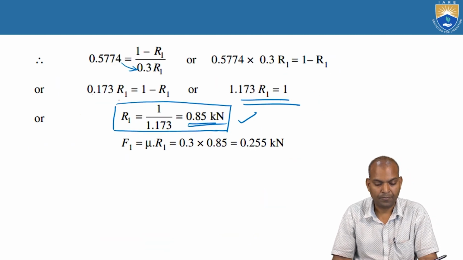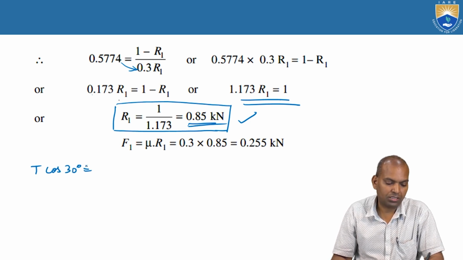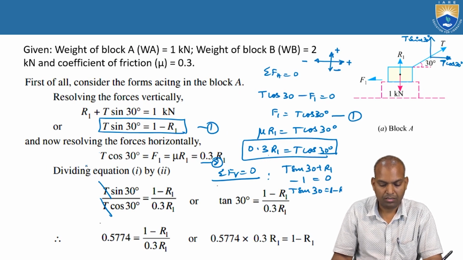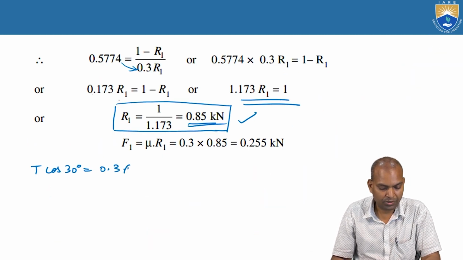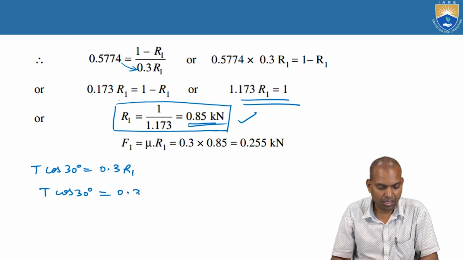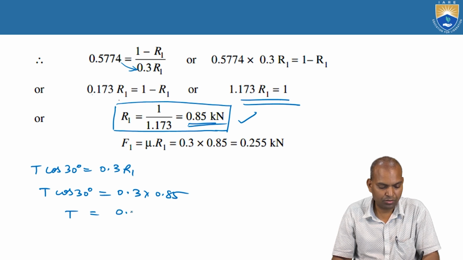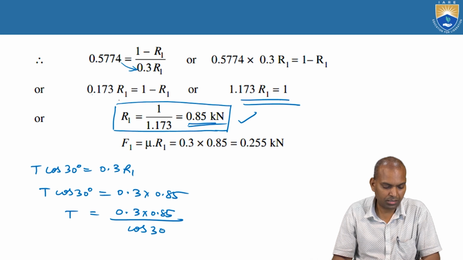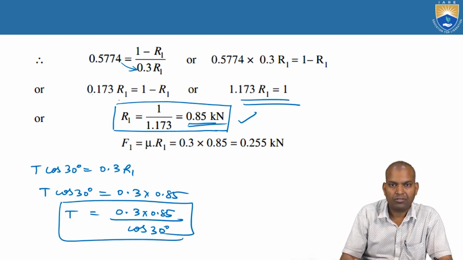From that the tension comes: T equals 0.3 times 0.85 divided by cos 30 degrees. From this the tension value can be calculated.